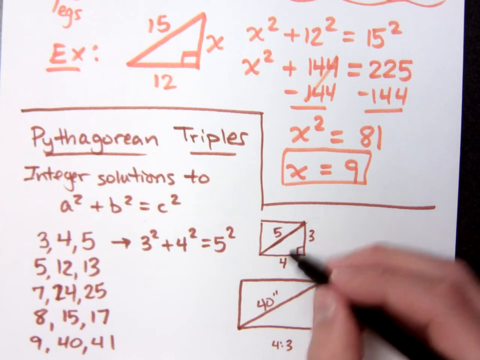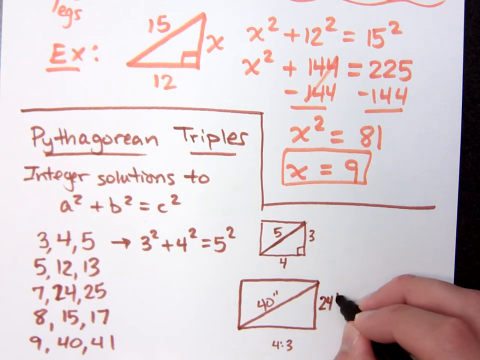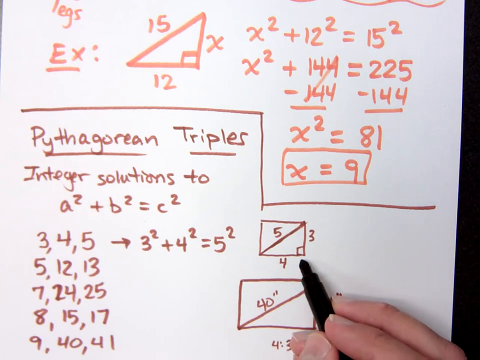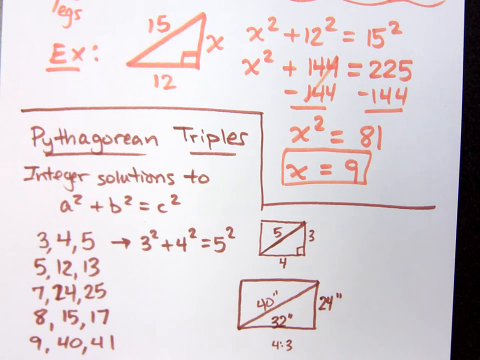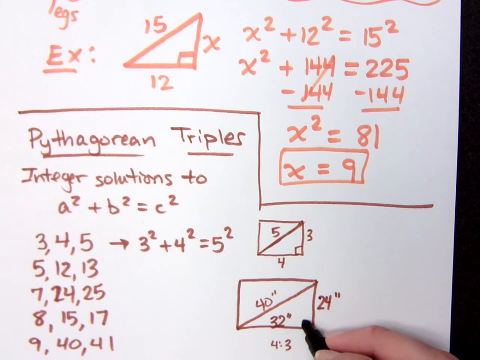Which means the height of the TV should be not 3, but 3 times 8, which is 24, and the base was 4, so multiplying by a factor of 8, the base would be 32 inches. And if you did 24 squared plus 32 squared, you would get 40 squared.